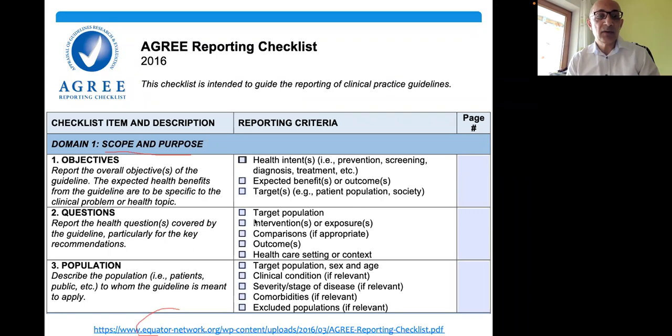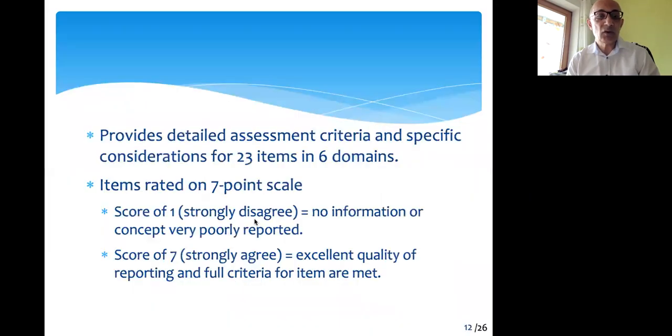By using this AGREE instrument, you can score a guideline. I will not expect you to do this, but you should be aware that this kind of instrument exists, and in need we may refer to these instruments to appraise our guidelines.